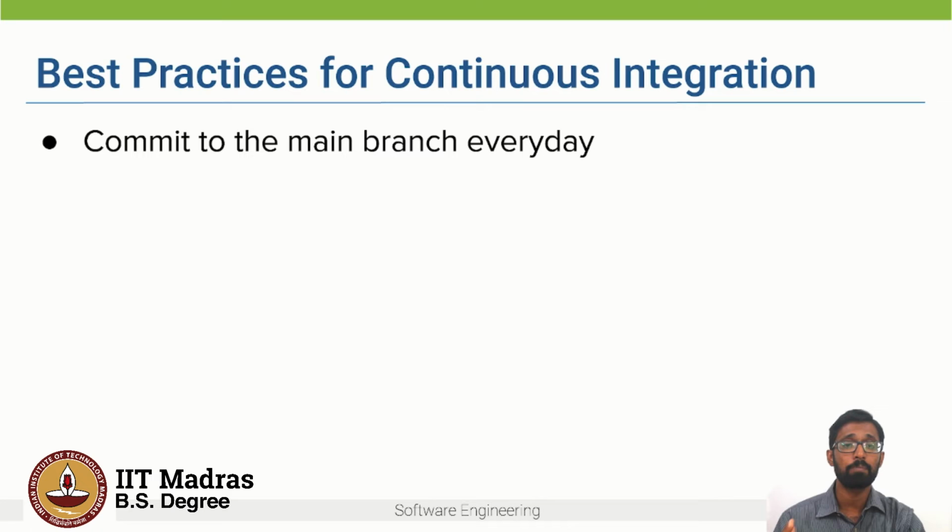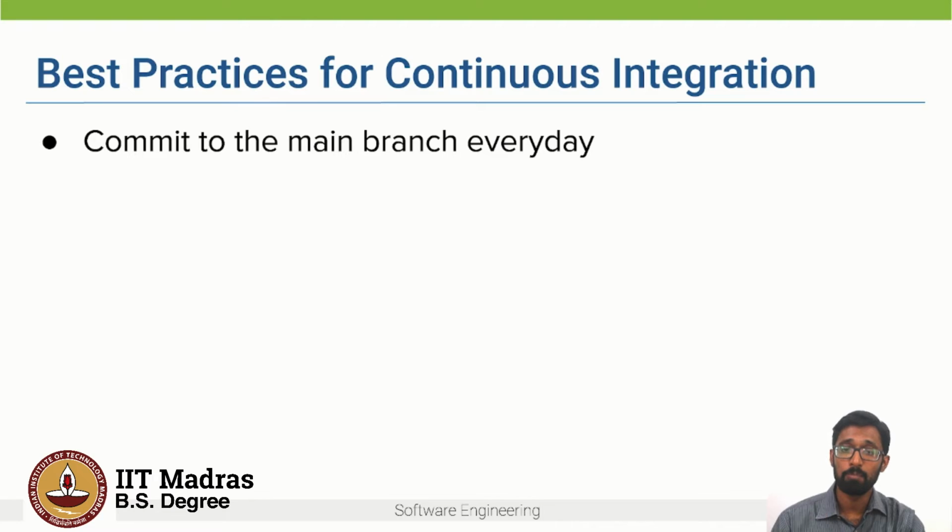Another important practice is committing to the main branch every day. So how do developers commit? They write code, they write tests, they build, and they check if there are any errors or not, and then they commit. And sometimes they need to check for conflict errors as well, which are errors that can occur when others have already modified parts of the code which you have modified.